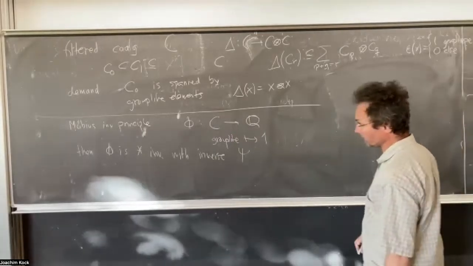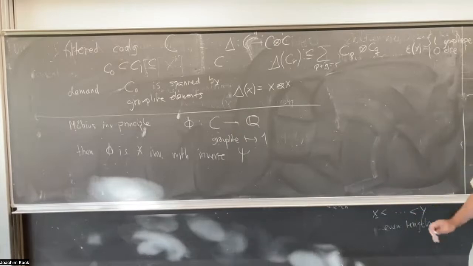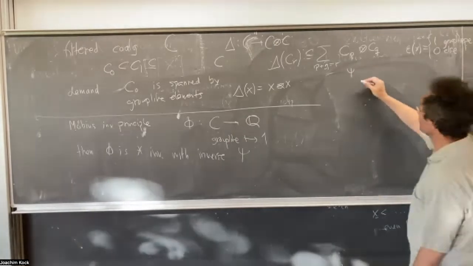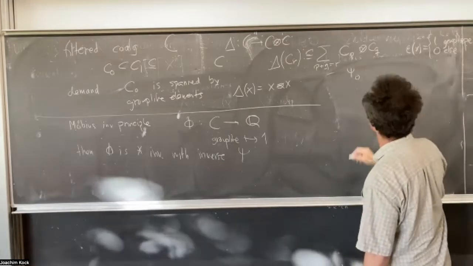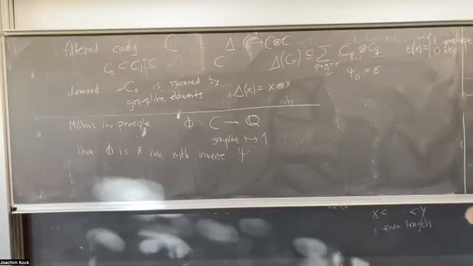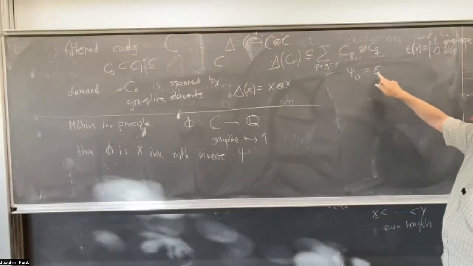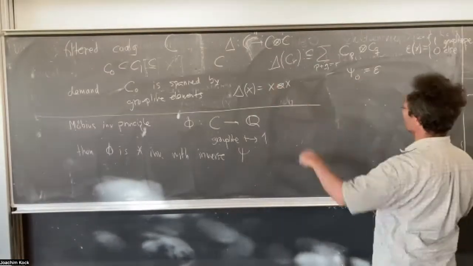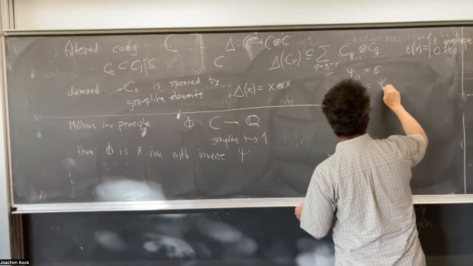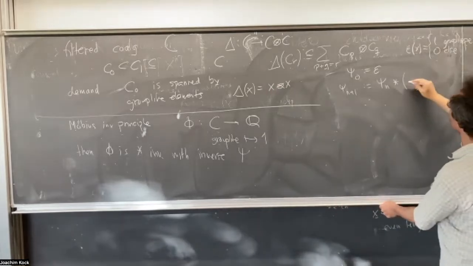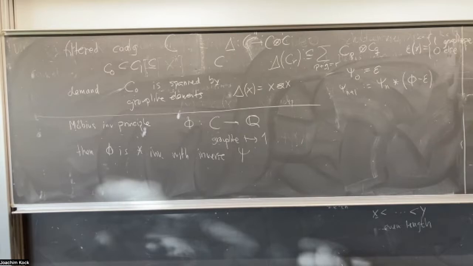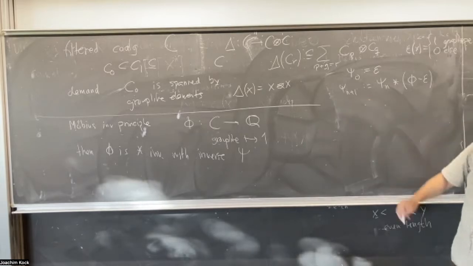So this is almost a proof by definition, that I just make a lot of definitions and that will be the proof. So I define psi 0 to be epsilon, the co-unit, and then I define the next one to be this, minus epsilon. So now I have defined these for all n.